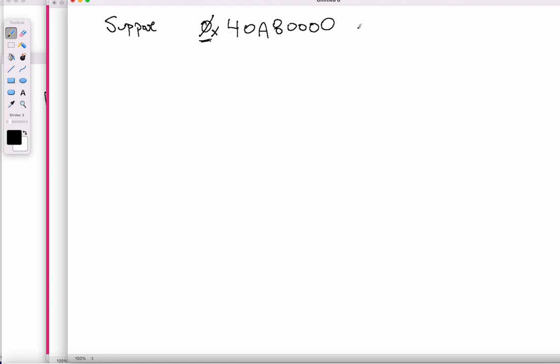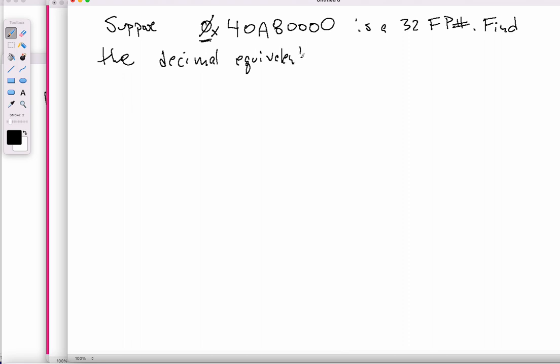So I say, suppose that this number is a 32-bit floating point number. And I say, find the decimal equivalent. So what I have to do is I have to write it out in binary. So 4 is going to be 0, 1, 0, 0.